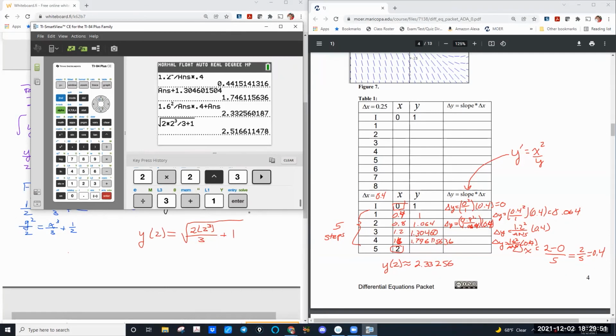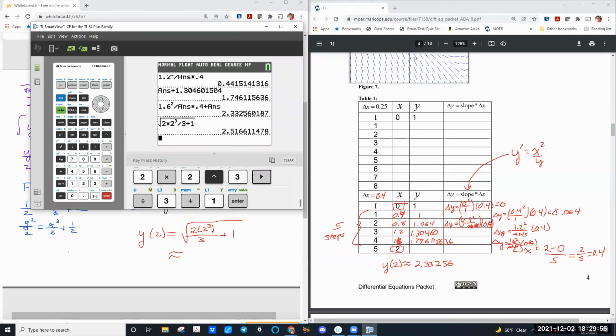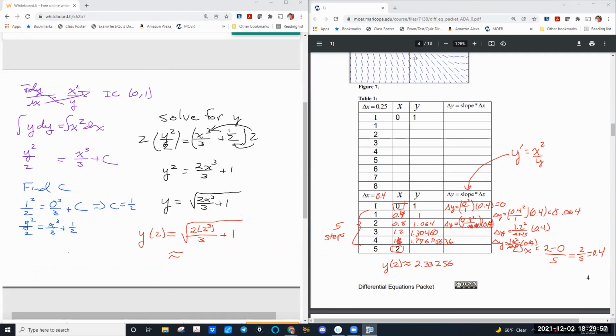And there's our actual. So it came out to be about 2.516611478. So, like we predicted based off the slope field, we did have an underestimate of the actual.